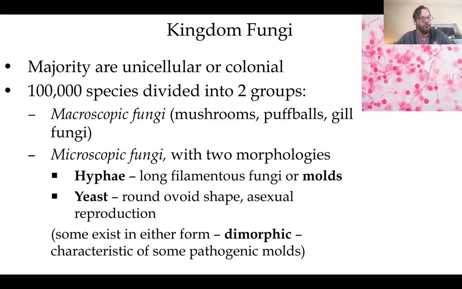There are over 100,000 species that we know of, and we break down those species into basically two groups. There's the macroscopic fungi, the stuff you can see, think mushrooms, puffballs, the gill fungi that you encounter out on a walk. And then the microscopic fungi, the stuff we can't quite see.